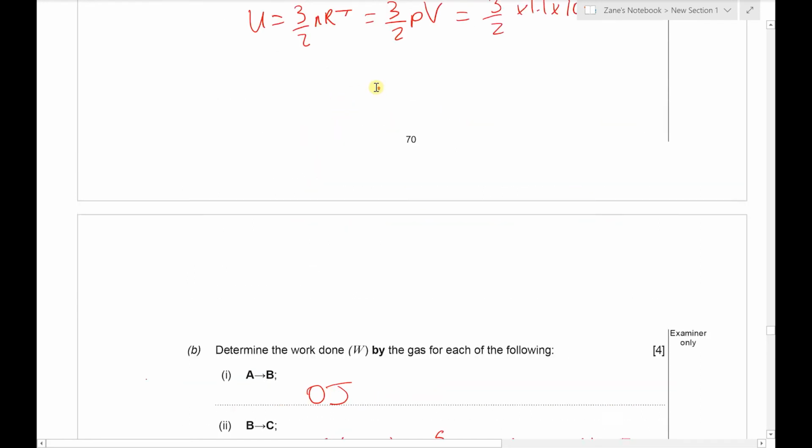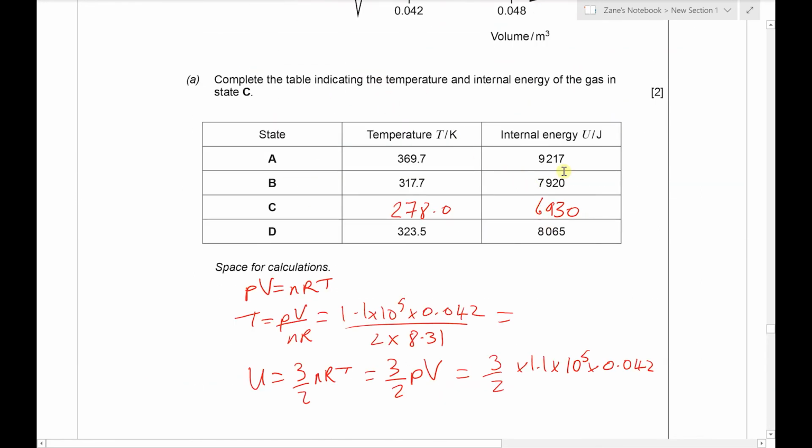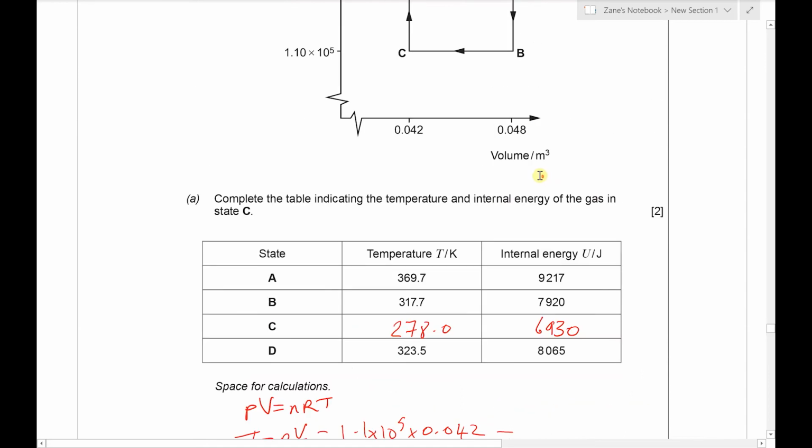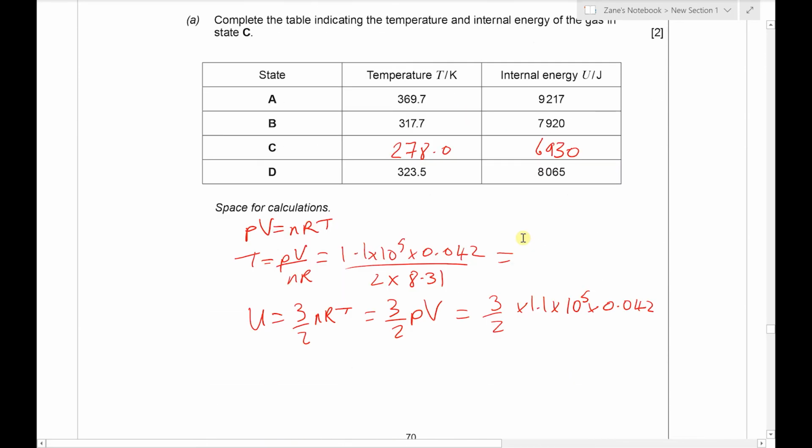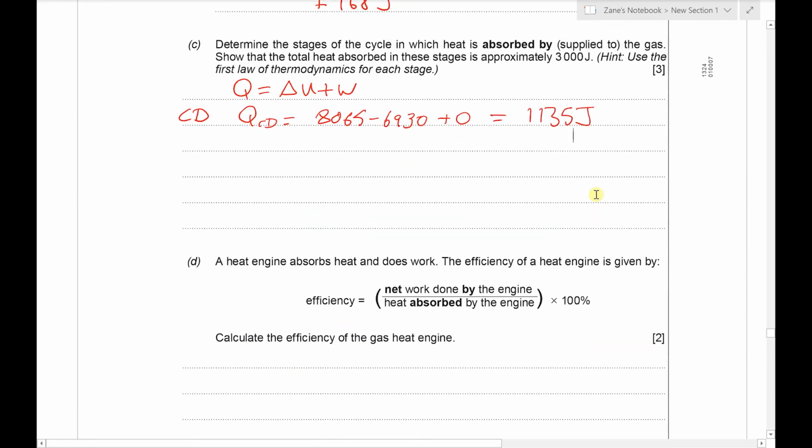For D to A, the final stage of the cycle, there's again an increase of internal energy and there was a positive amount of work done. So the change of internal energy is going to be the difference between 9217 and 8065, plus the work done, which was 768.